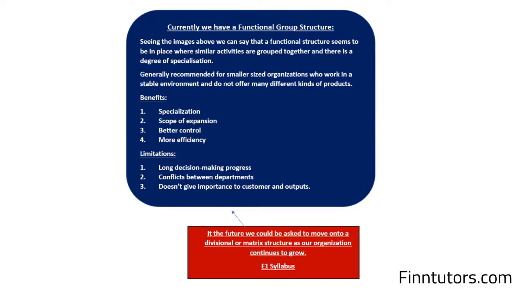The benefits of a functional structure are specialization, scope of expansion, better control, more efficiency. But the disadvantages are long term decision making progress can become a problem, a little bit of a short term focus. There can be conflicts between the departments, and it doesn't give importance to customer and the outputs.